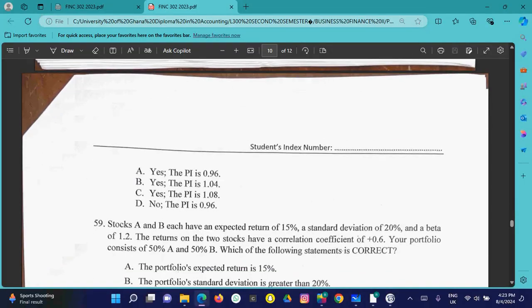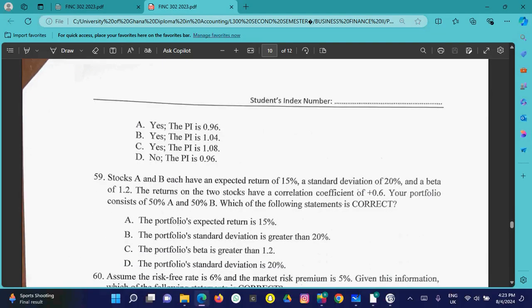So the answer to this is B. Yes, the profitability index is 1.04.